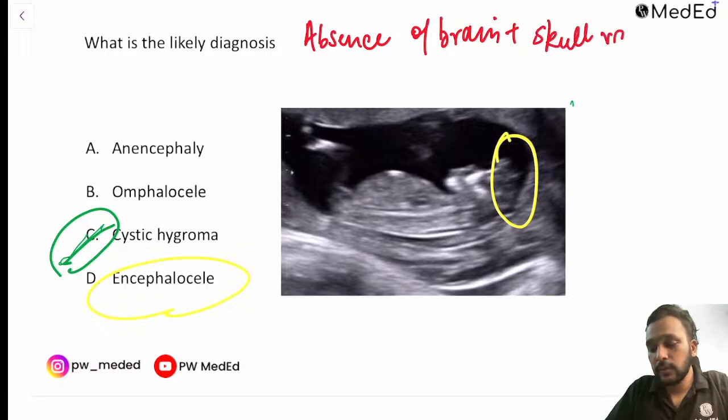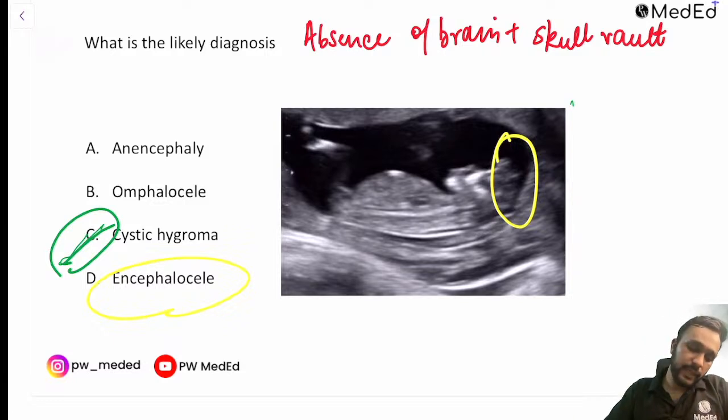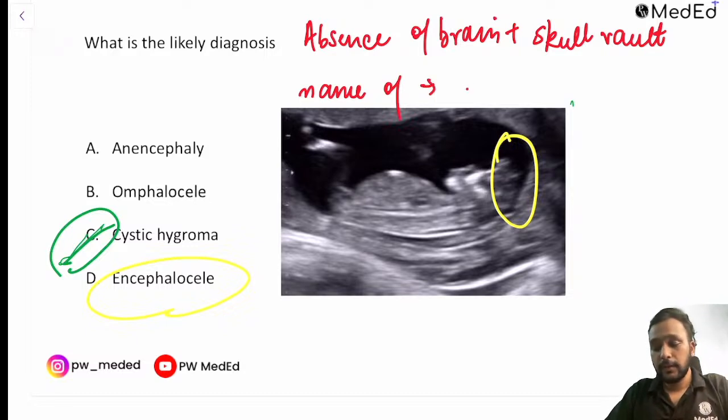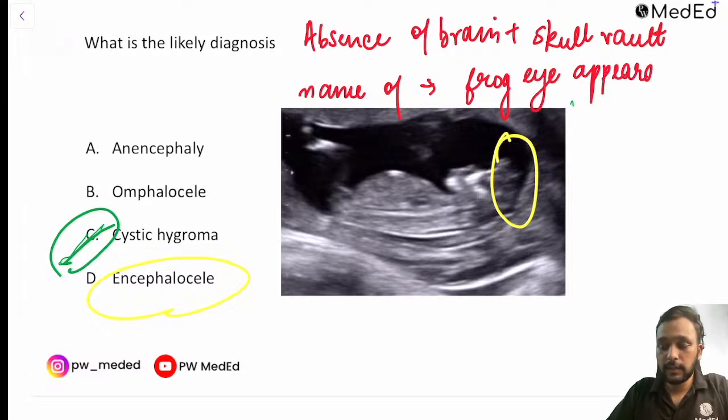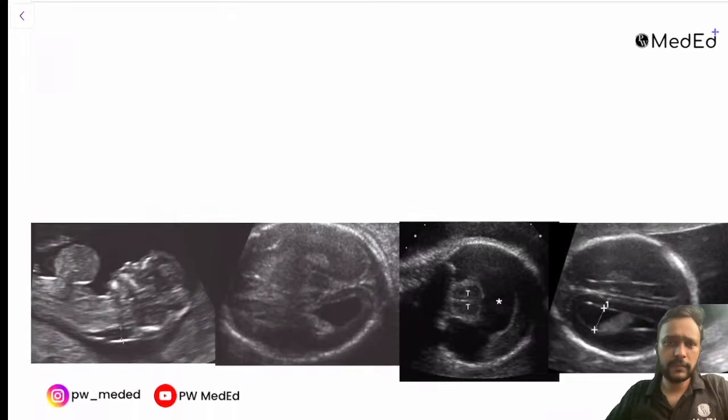So this is what you are going to see in anencephaly. And what is the name of the appearance in anencephaly? The name of the appearance is frog eye appearance. Frog eye appearance is seen in anencephaly, right? So I will show you few more anomalies.